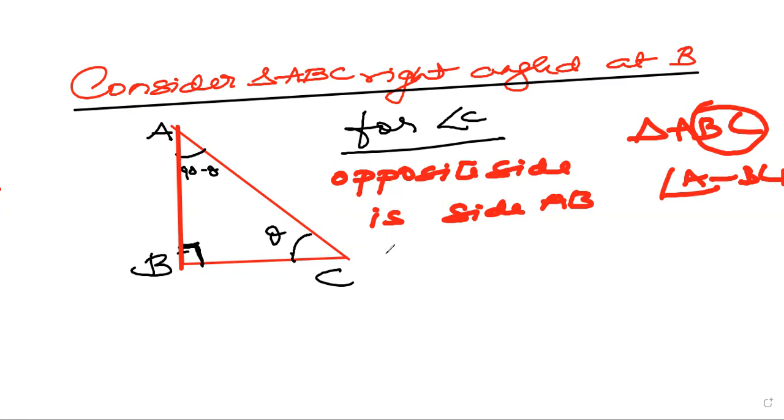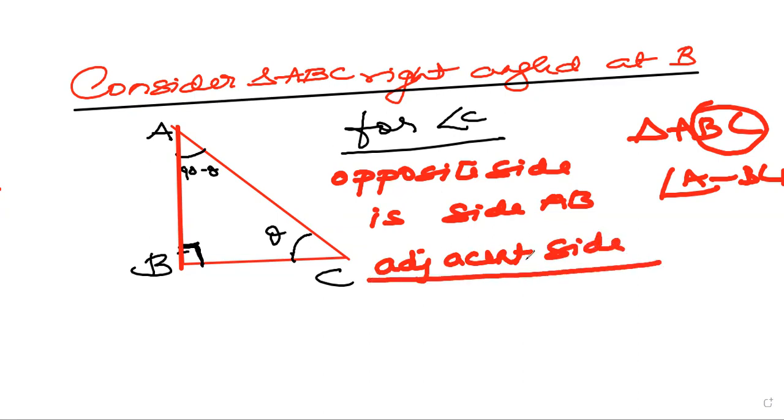Now look at this, children. Adjacent sides are the sides containing that angle C. Now, which sides are containing angle C? Just look, BC is containing angle C, AC is containing angle C. So actually both become adjacent sides.